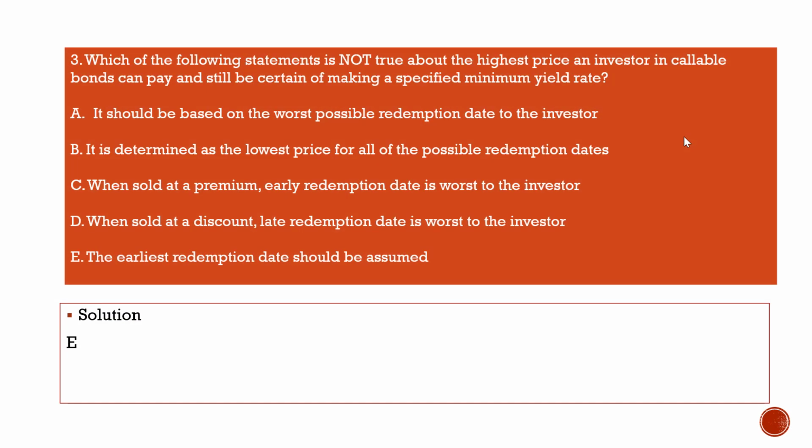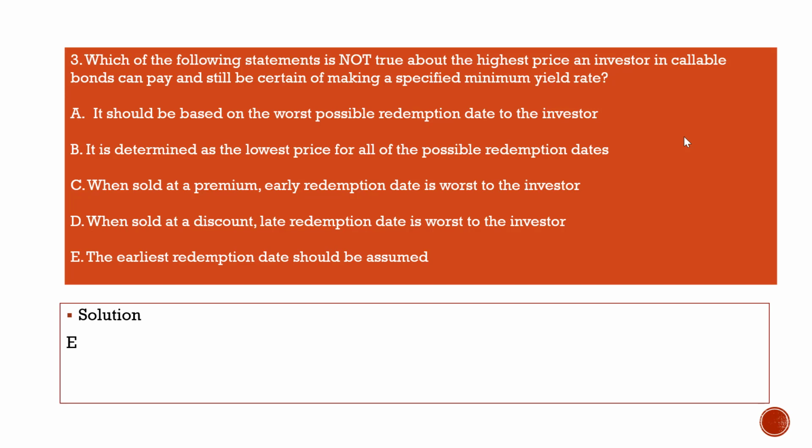Question number 3. Which of the following statements is not true about the highest price an investor in callable bonds can pay and still be certain of making a specific minimum yield rate? A. It should be based on the worst possible redemption date to the investor.